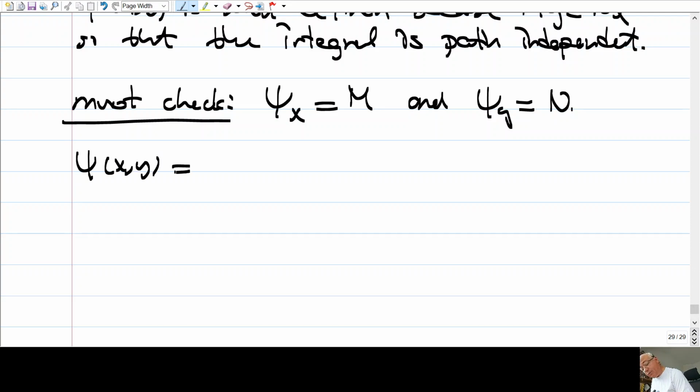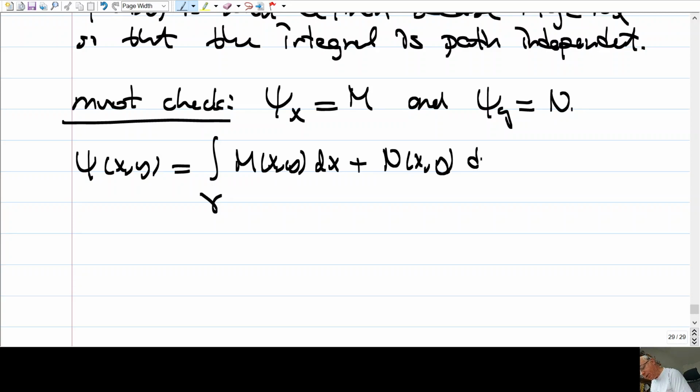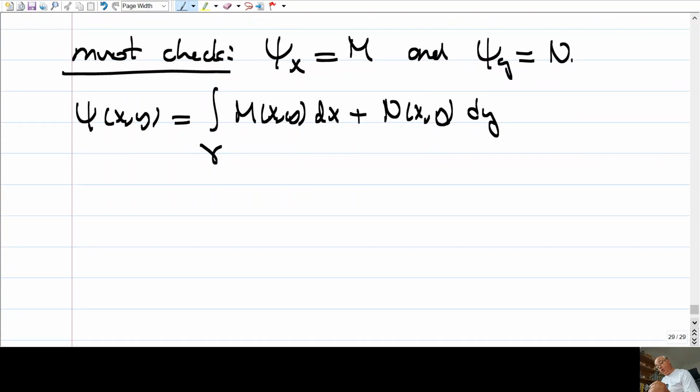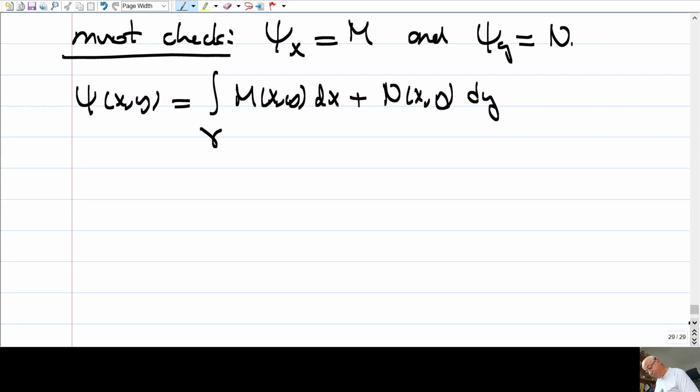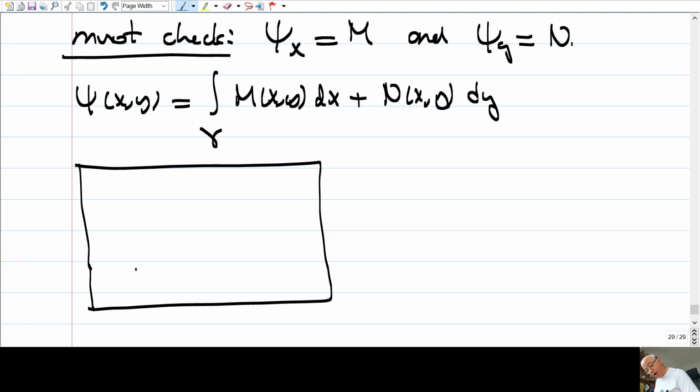Well, let's write down our definition again. So this is the integral of m(x,y) dx plus n(x,y) dy. I know that this integral is path independent, right? So in my rectangle, I do the following. Suppose this is the point (x,y), and this is (x0,y0), and I would like to take the partial derivative of this with respect to x, right?